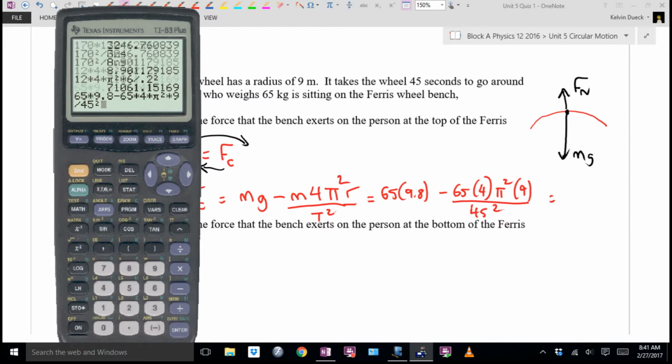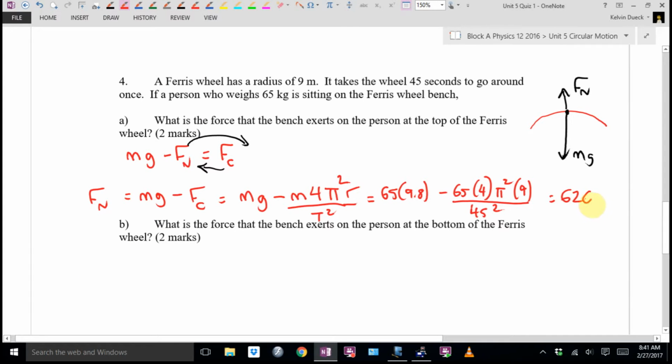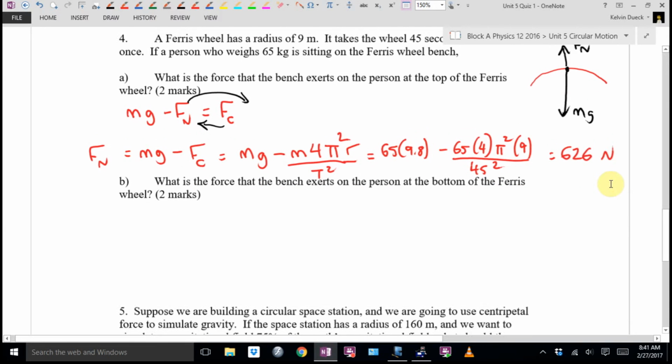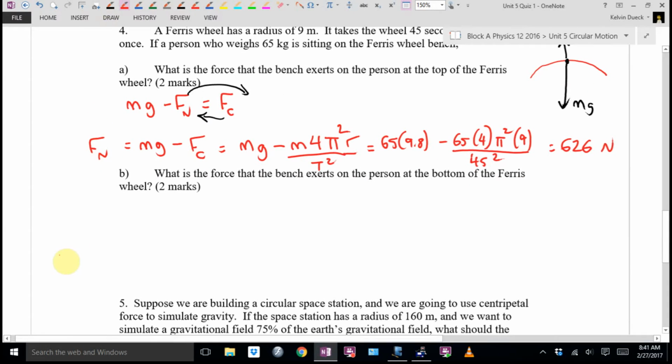You get 626 newtons. What about at the bottom? Well, at the bottom, let's see, we're going to have gravity down. Normal force is going to be winning.